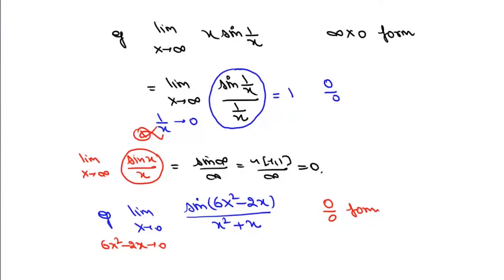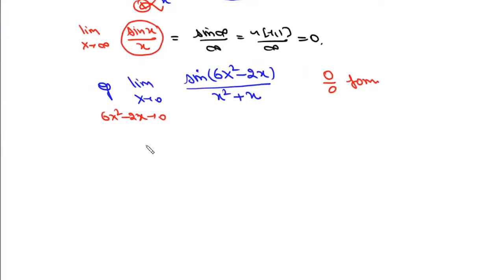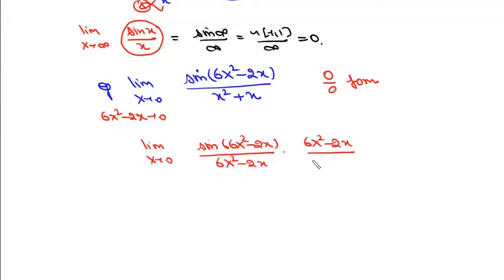So what we can do is, we can write this limit as limit x tends to 0 sin(6x square minus 2x) upon (6x square minus 2x) into (6x square minus 2x) upon x square plus x.